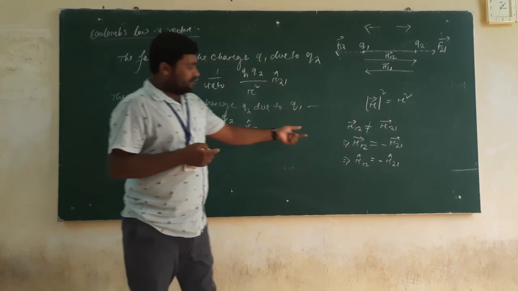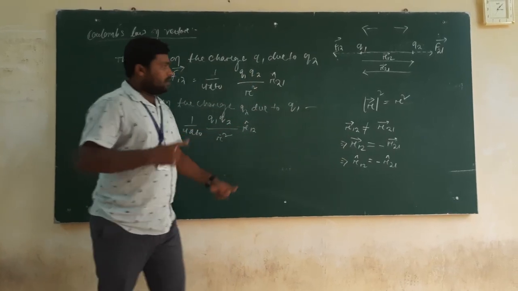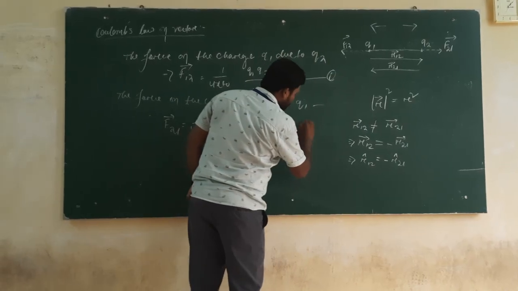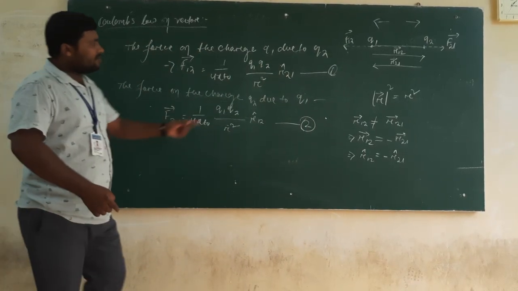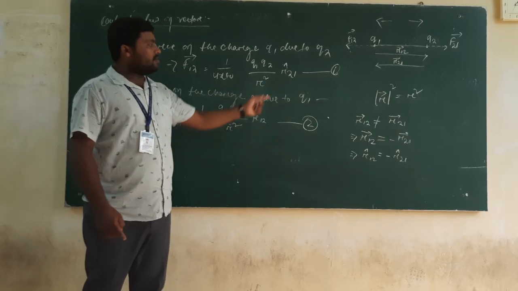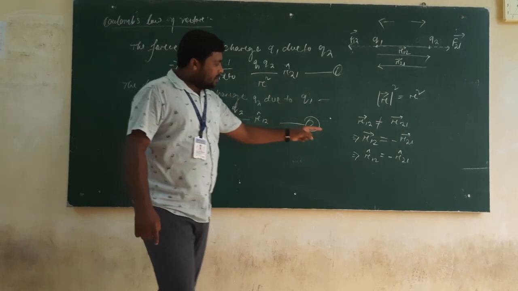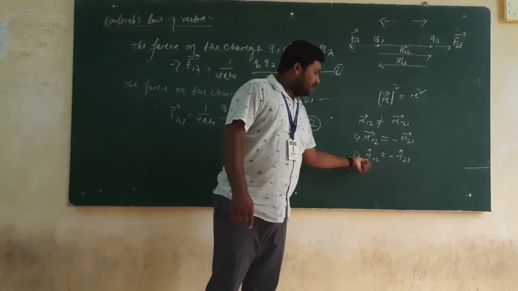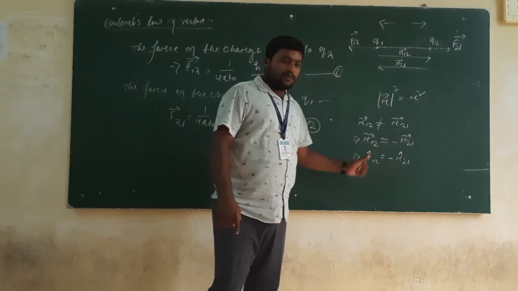So we can use these things in these two equations, right? Write this as equation 1 and this as equation 2. Now applying the method, suppose we take R21 cap. If R12 cap is equal to minus R21 cap, then R21 cap is equal to minus R12 cap.